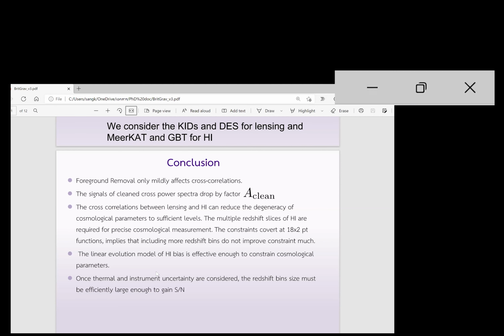The linear evolution of H1 bias is effective enough to constrain the cosmological parameters. And the last one is that when we consider the thermal and instrument uncertainties, the redshift bin size must be large enough to gain signal to noise ratio.